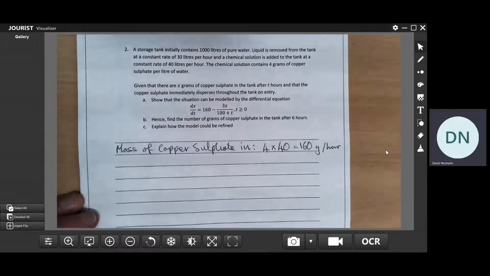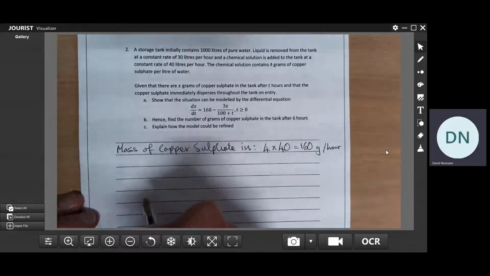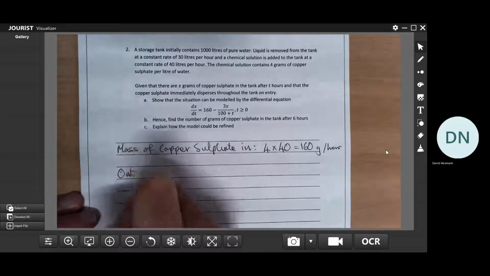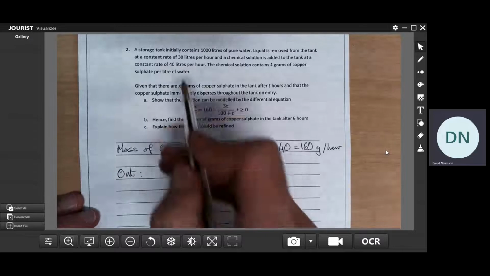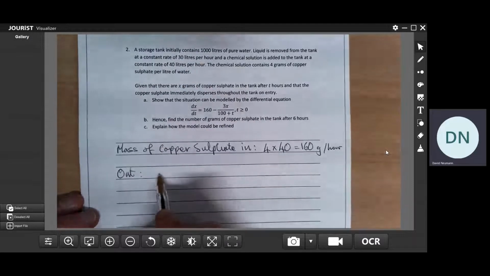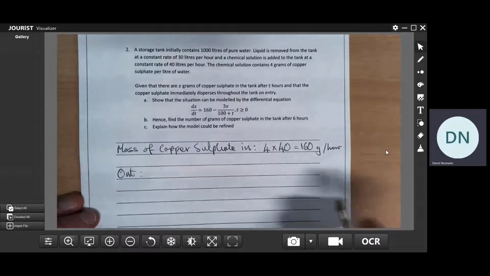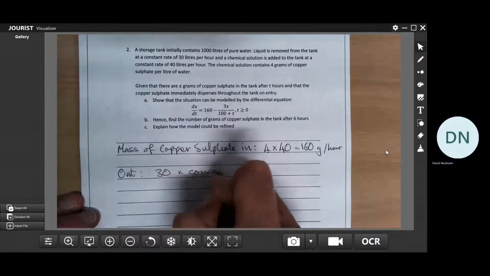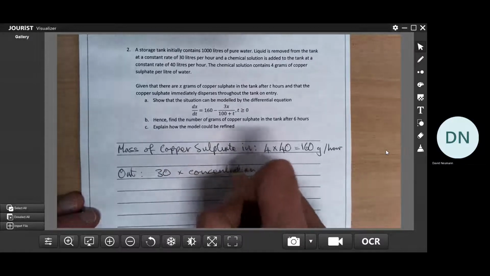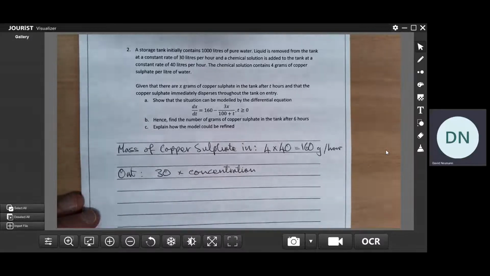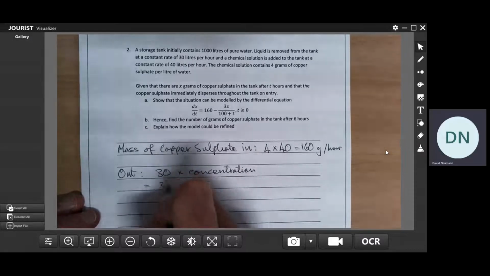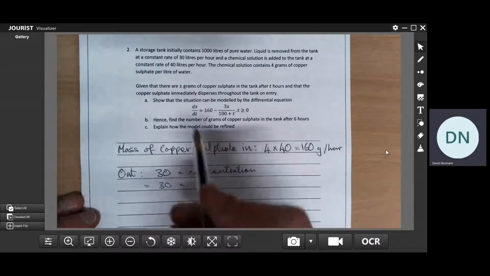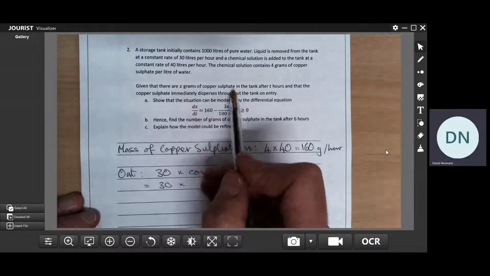But then we've got it draining out as well, so the decrease, so out, it's going to be 30 litres per hour times whatever the concentration of copper sulfate is. So 30 times the concentration of the solution in the tank, which is 30 times the mass of copper sulfate in there divided by the volume.